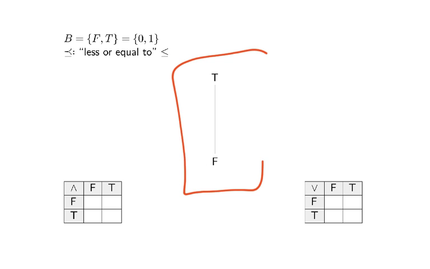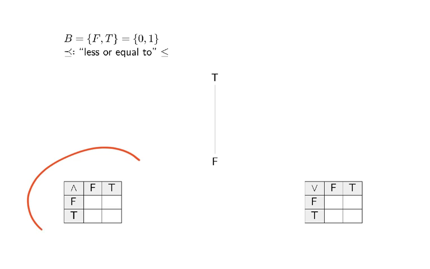Now let's look just at our Hasse diagram and let's try to construct the table of the meet. Remember that the meet is the greatest lower bound. So we start with f, f. Between f and itself, the greatest lower bound is f.